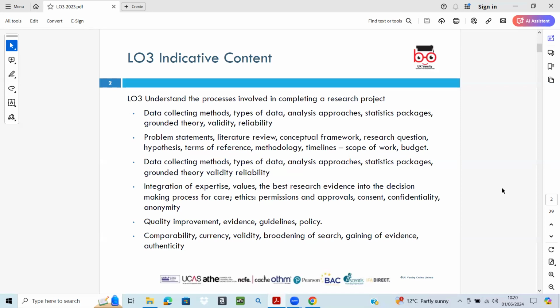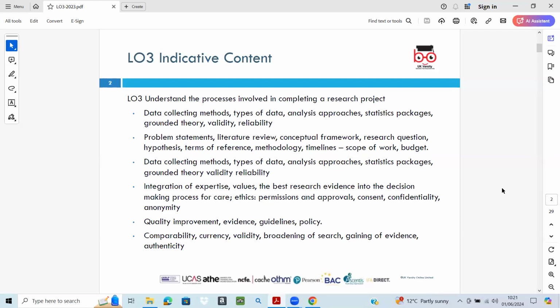Then we have quality improvement. So it's used in research to continuously improve healthcare practices. Then we have evidence and guidance. So it's to apply the best available evidence to develop or update clinical guidelines.